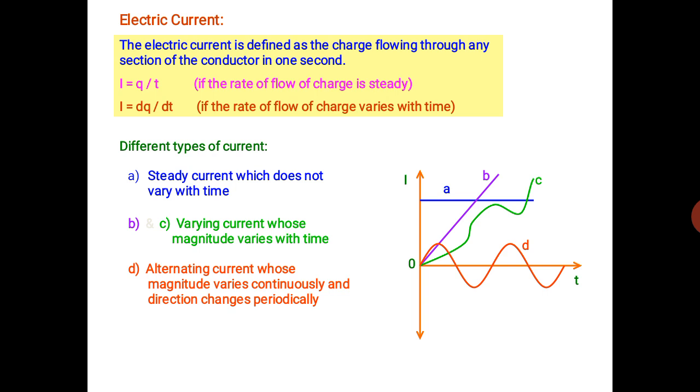If the current is constant, we say it is direct current or DC. But in this topic, we discuss direct current. In chapter number 7, there is a special chapter named alternating current, where we can discuss it more.